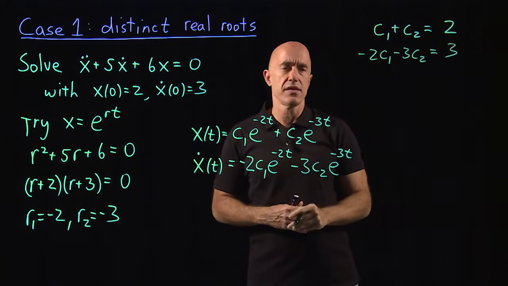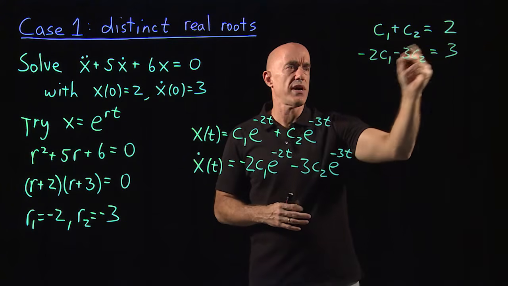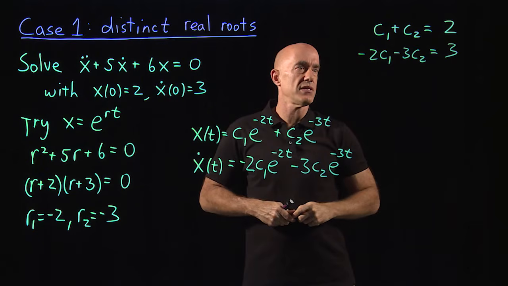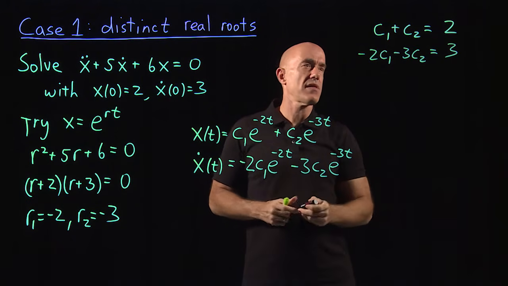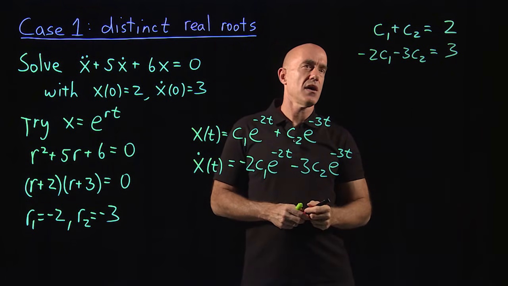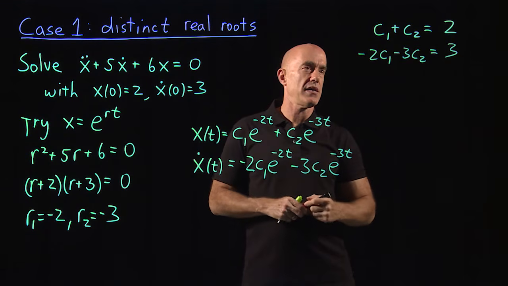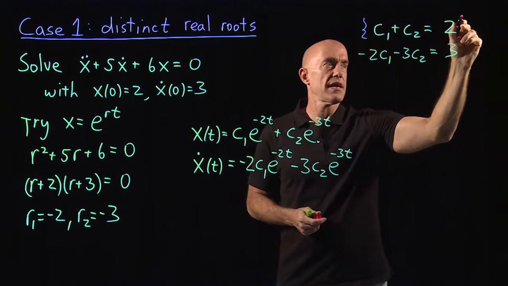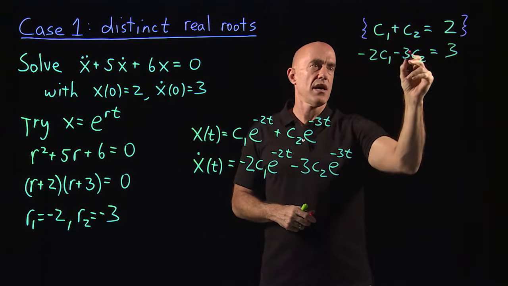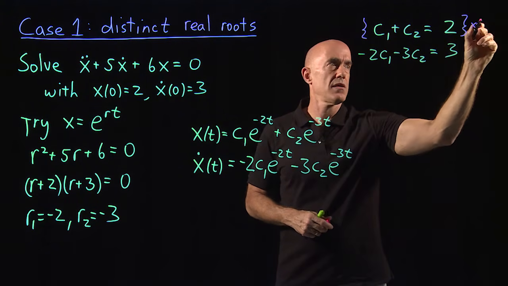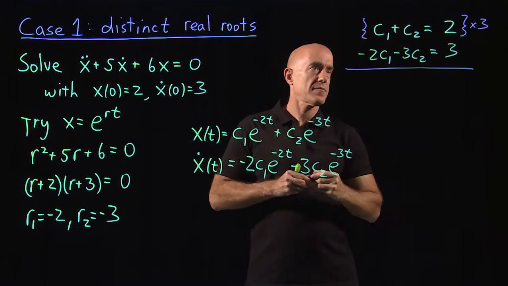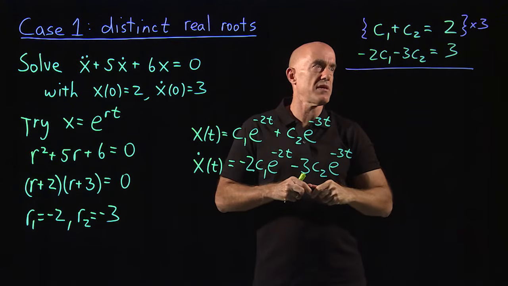So we have then two linear equations and two unknowns. The unknowns are c1 and c2. There are many methods to solve this. Maybe the easiest way is to eliminate c2. So we can take this first equation and multiply by 3, and then add them. And then c2 will be eliminated.